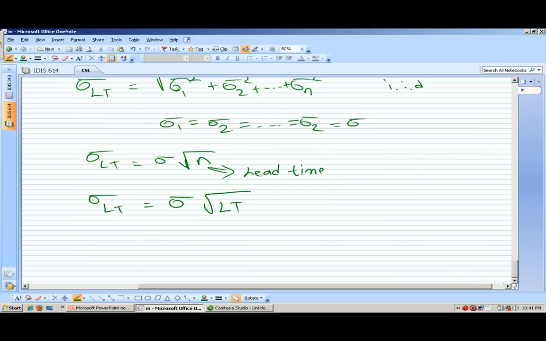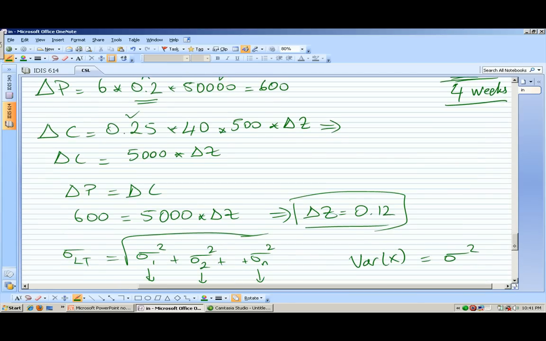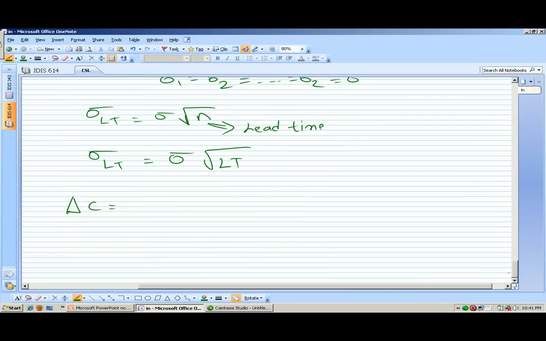So in our example, I need to go back and remember the numbers: 0.25, 40, 500, delta Z. When it was 1 week, what I did is basically 0.25, 40, 500.